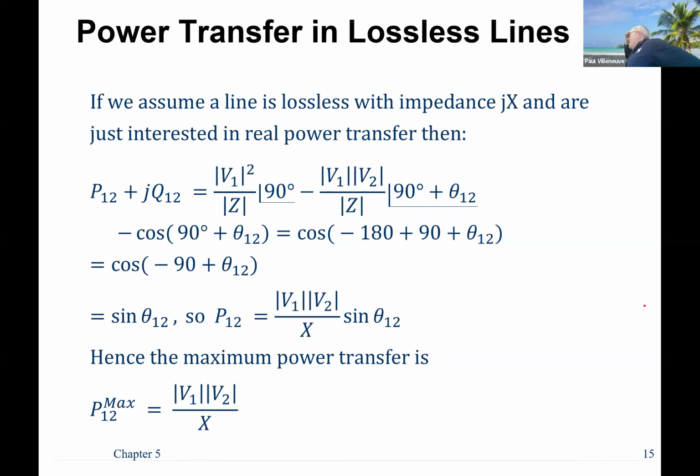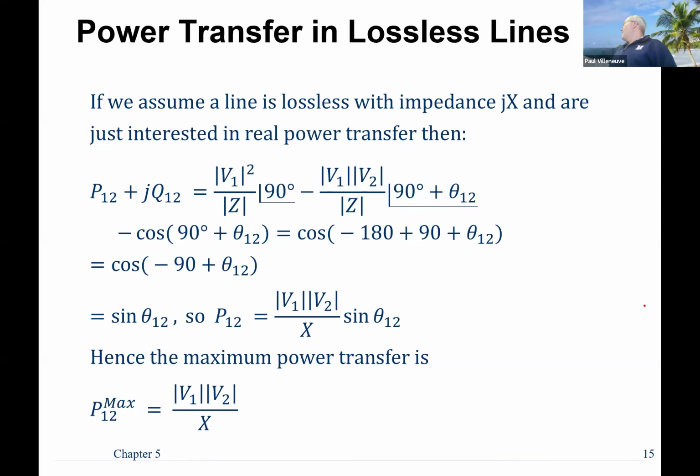So that becomes 90 degrees. And so what we see is our power transfer easily can be determined by V1 V2, magnitude only, divided by the X value, so the reactance of the line, times the angular difference of the line. So I can tell you how much max power I'm going to get based on letting the sine go to 1, right? Sine of theta 1, 2.